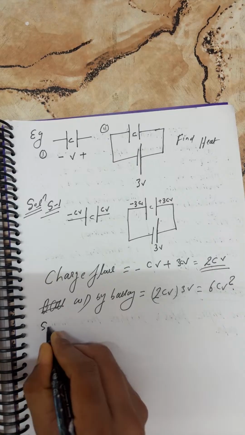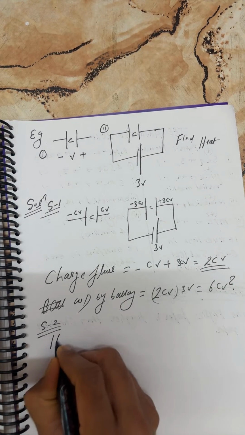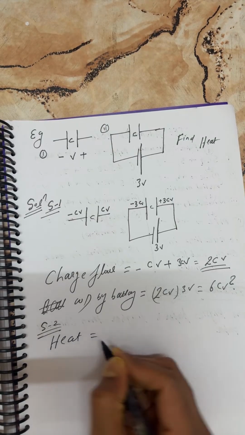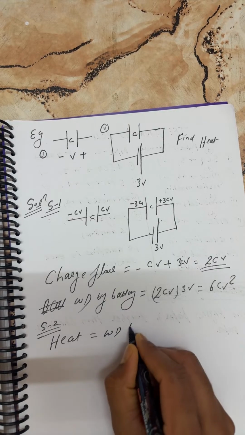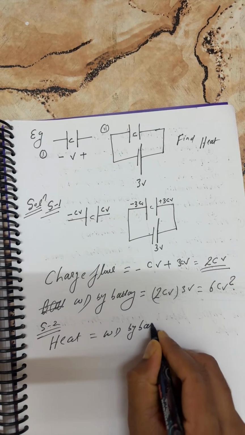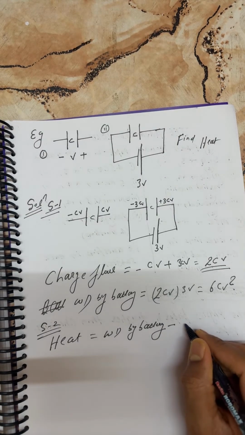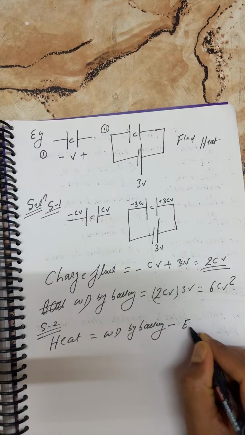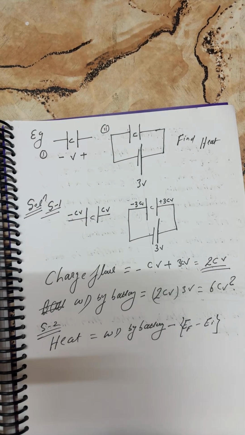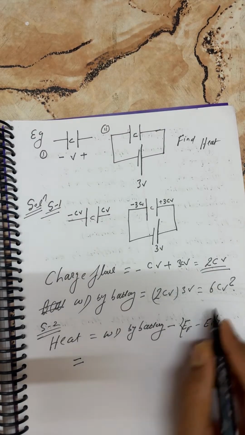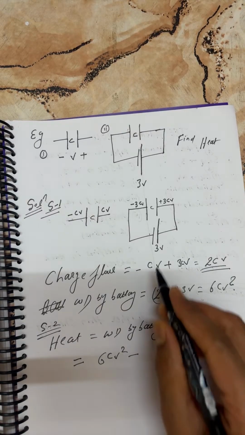Now, student, in step 2, I'm going to find the heat. Heat is work done by battery minus energy final minus energy initial. So work done by battery is 6 CV square minus energy final.